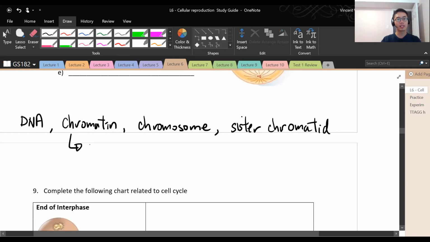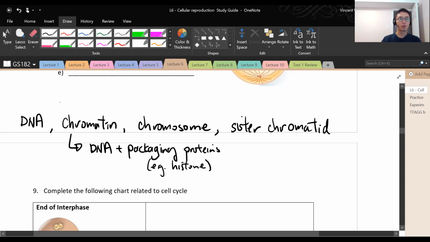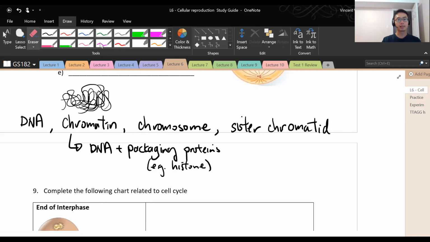Chromatin is actually DNA plus packaging proteins, e.g., the histones that we talked about. Together, they cause the DNA to coil up. Otherwise, there's no way we can pack all these things into the tiny, tiny nucleus. So the DNA plus the protein gives us the chromatin.